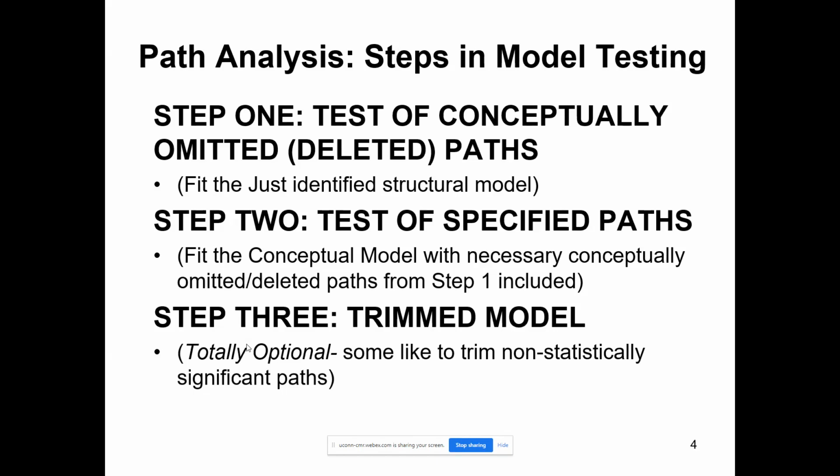I think one of the reasons that people don't trim out non-statistically significant paths is actually for other researchers. When you trim them out, you're saying, okay, it wasn't statistically significant, but others reading the article might say, yeah, but you had a small sample size, maybe, and I'd really like to know what the magnitude of that coefficient was, right?